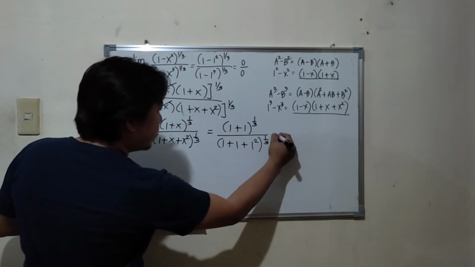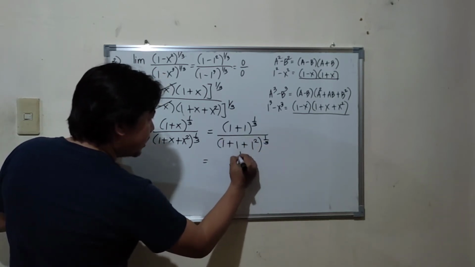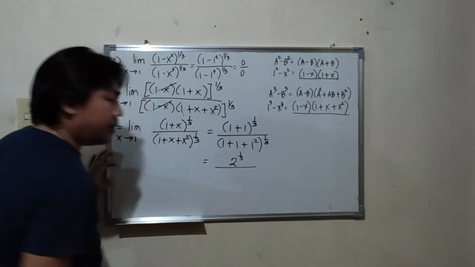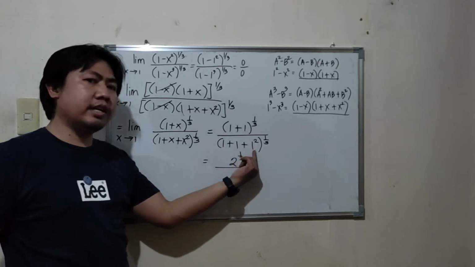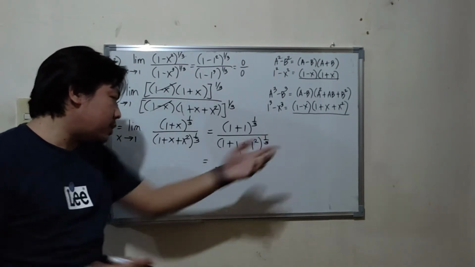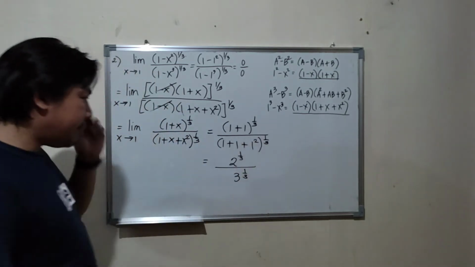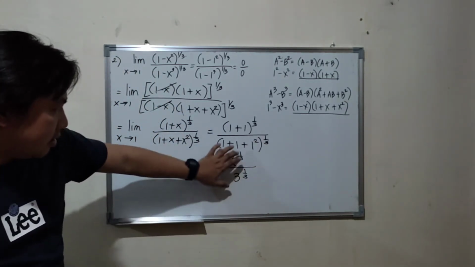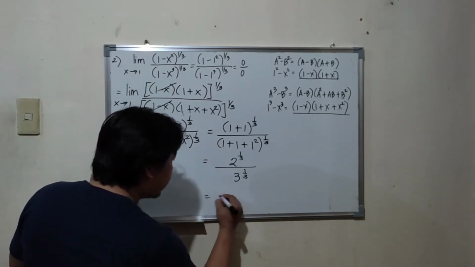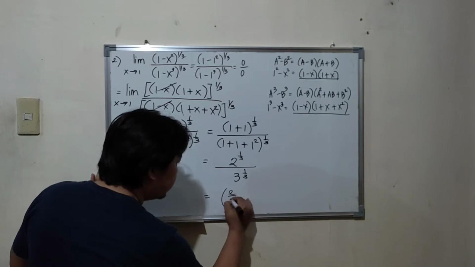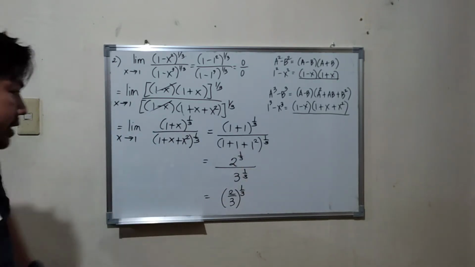So we have 2 raised to 1/3 over 1 plus 1 plus 1, that is 3 raised to 1/3. Or if we simplify that, both are raised to 1/3, so we can write that as 2/3 raised to 1/3. Okay, so this is now the final answer.